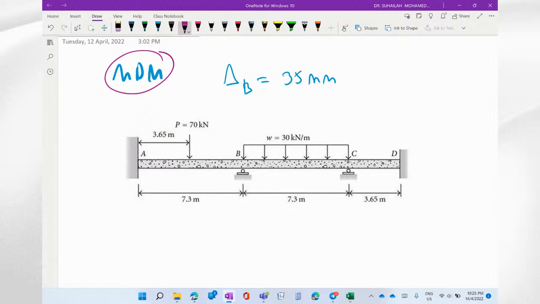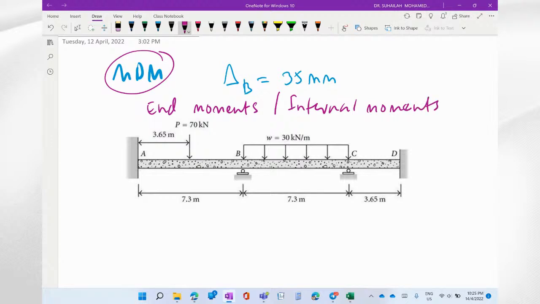So we need to analyze using the moment distribution method, and always remember, using the moment distribution method, we will analyze end moments. So what is actually an end moment? End moment is also called internal moment.